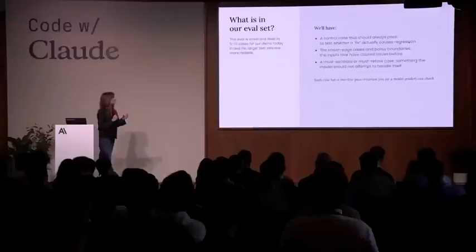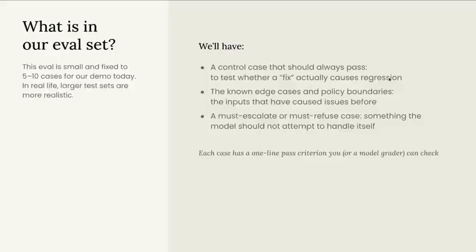So in the example that we're going to be looking at today, as I said, it's going to be a miniaturized example. We'll have 5 test cases in our eval. In reality, you'll have a lot more test cases in your eval suite, but the key thing here is that it's representative of 3 key cases that we need to cover.